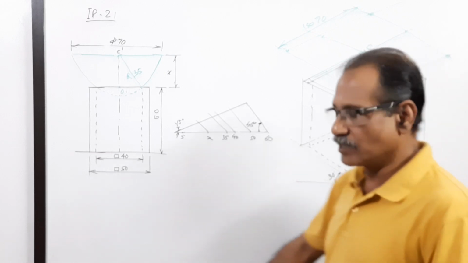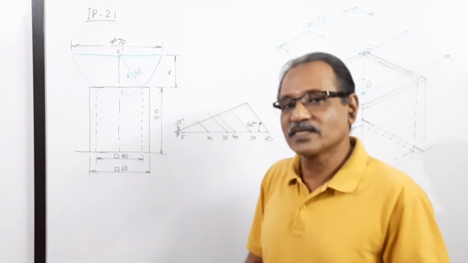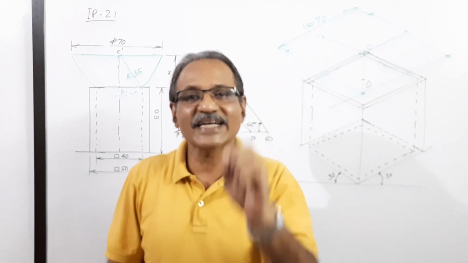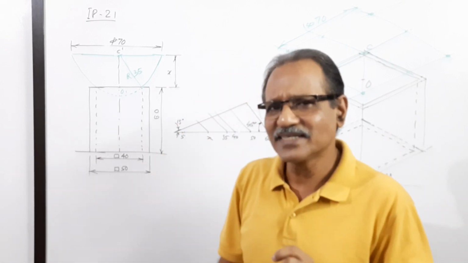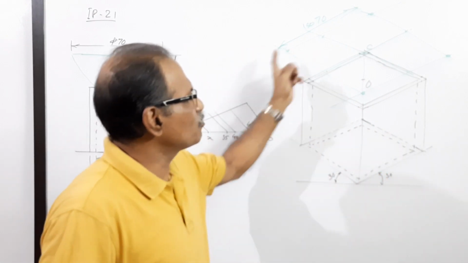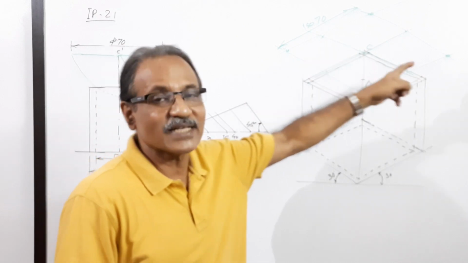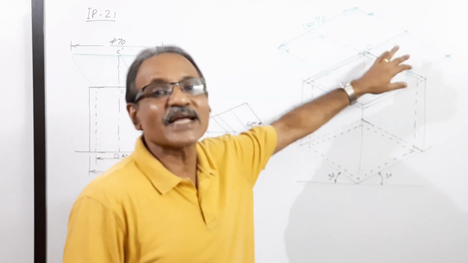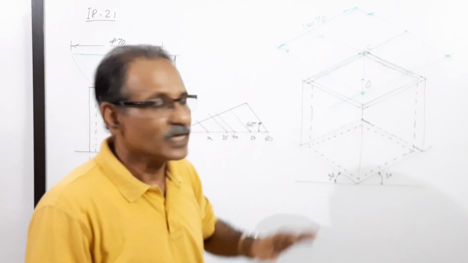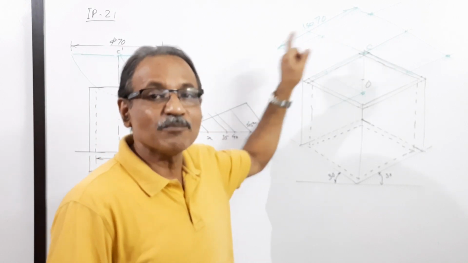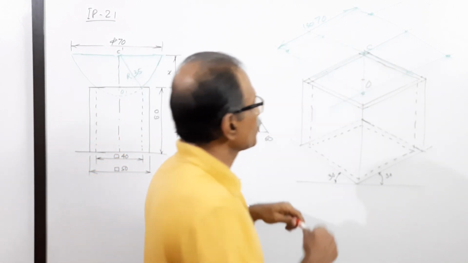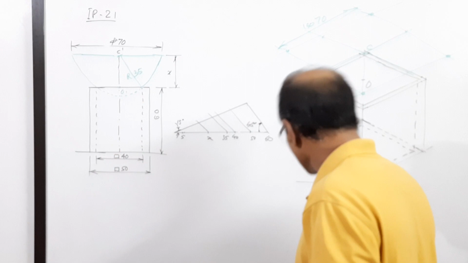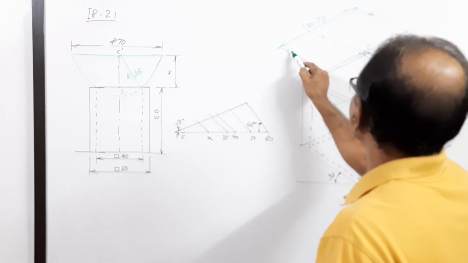Inside this rhombus, construct a corrected ellipse. How do you correct it? When you draw the ellipse in this rhombus, the major axis of the ellipse will be 70. Draw the larger diagonal.